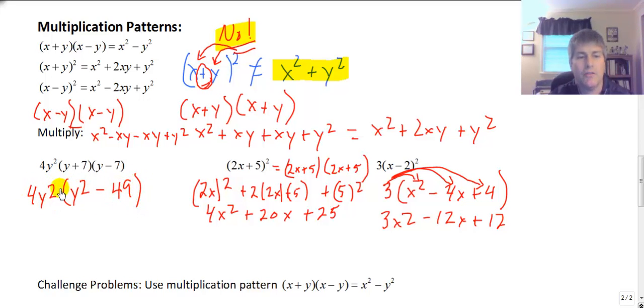Now I can go ahead and distribute the 4y squared and get 4y to the 4th minus 49 times 4. Well, 50 times 4 is 200, so that's going to be 196 y squared. So we've multiplied that.